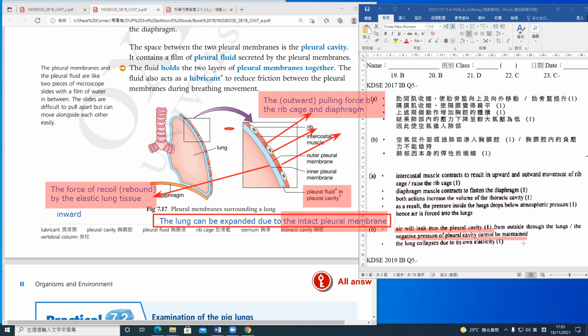That means air will rush into this space, let me use the blue arrow, rush into here. So the outward pulling force can no longer pull the lung to expand it. Eventually the lung collapses due to its own elasticity.